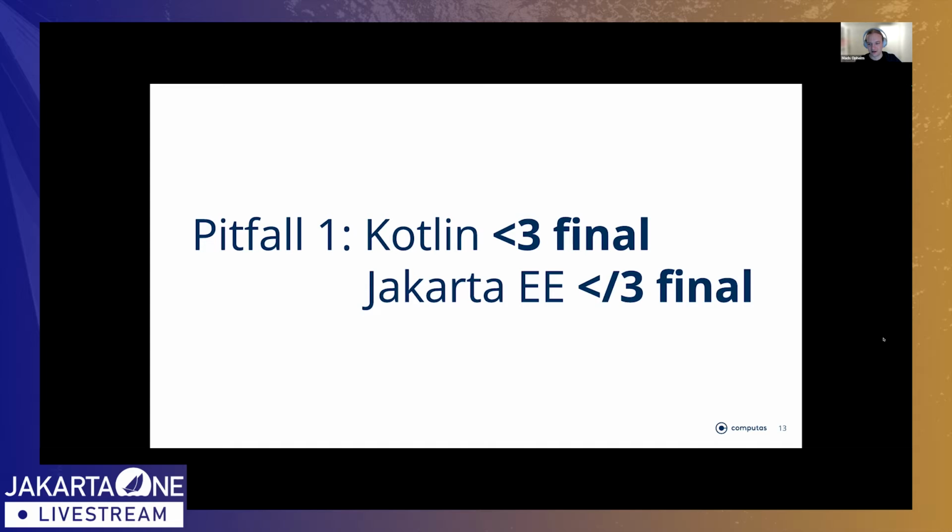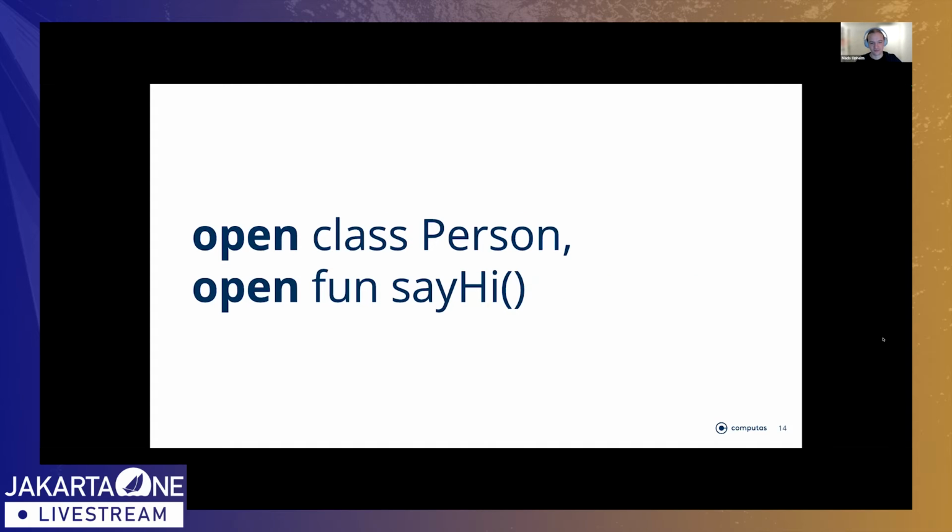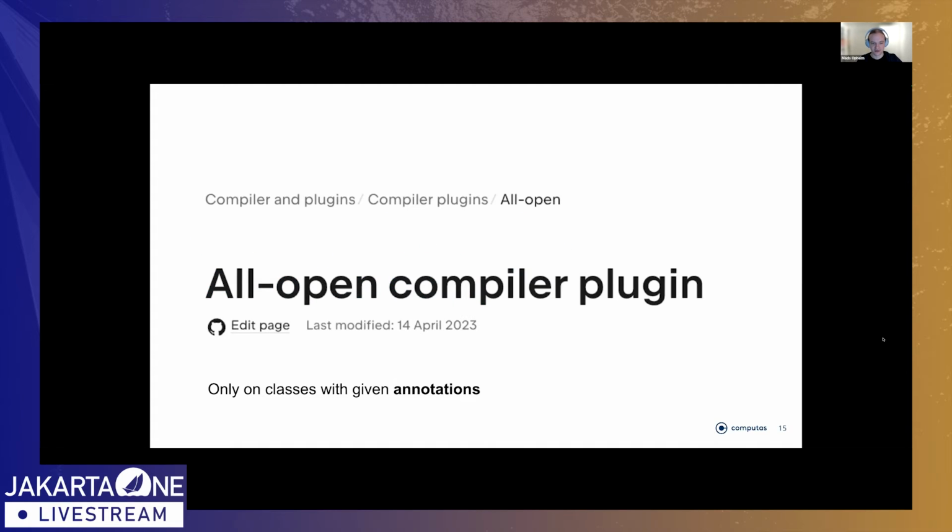But luckily, there is a solution to this. This is the open solution, but you can use the all-open compiler plugin, which is part of Kotlin as well. At least, I'm not sure if it's part of it, but it's referenced in the official documentation, it's easily available and looks well maintained. So you could say that every class with some annotations will be open by default.